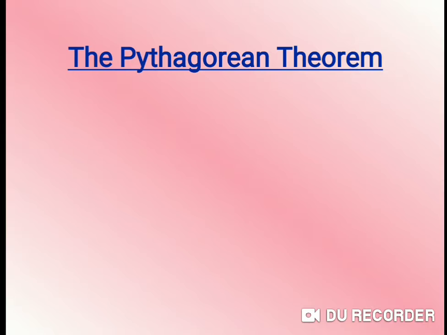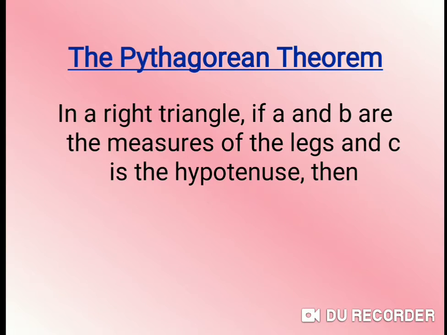Now the Pythagorean theorem. We have already studied what the Pythagoras theorem says, but we will take a quick recap of that. In a right angle triangle, if A and B are the measures of the legs and C is the hypotenuse, then what happens we will discuss.